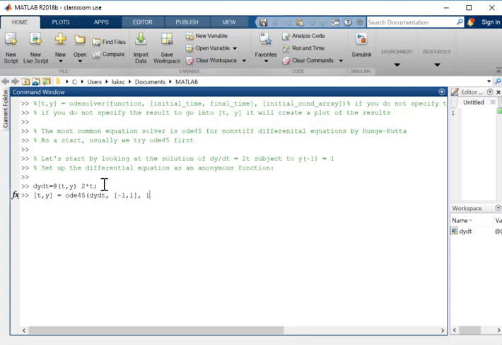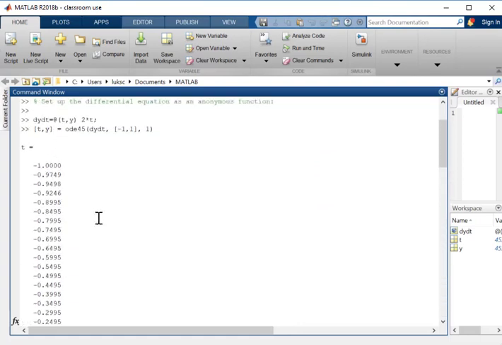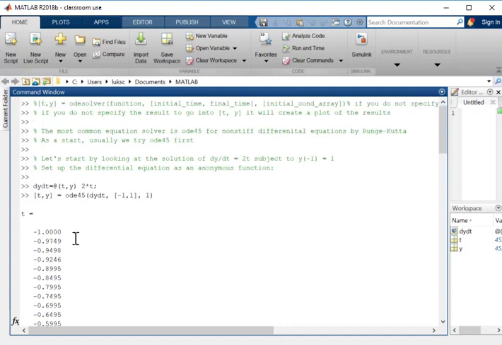And the initial condition in my array, which I want it to start at the first value, is this. And so what it gives me is the list of all of the t values and all of the y values.